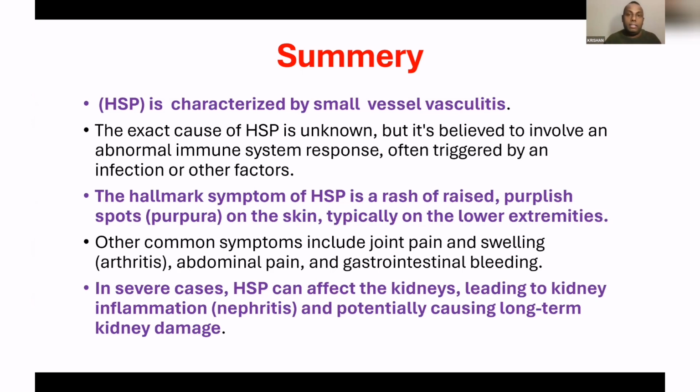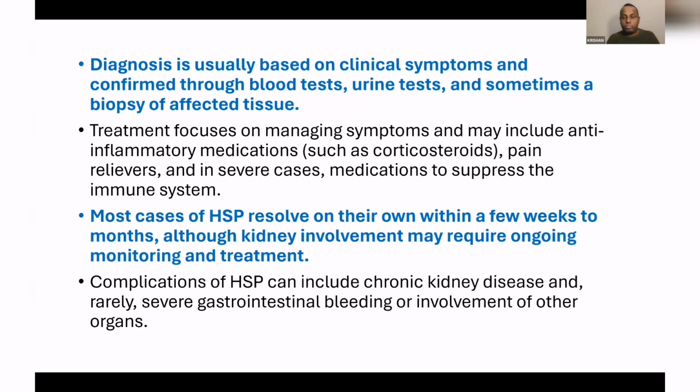And the disease is characterized by this purple colored rash, which is commonly located on the buttocks, lower limbs and thighs. They can present with other symptoms depending on the system involved, like abdominal pain, gastrointestinal bleeding, hematuria, proteinuria. Rarely, it might go into nephritis, leading to kidney damage.